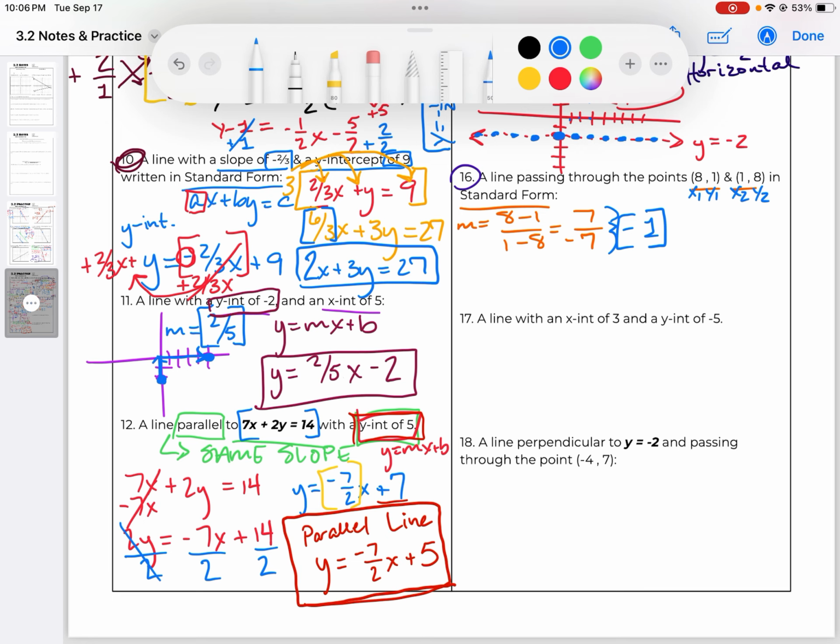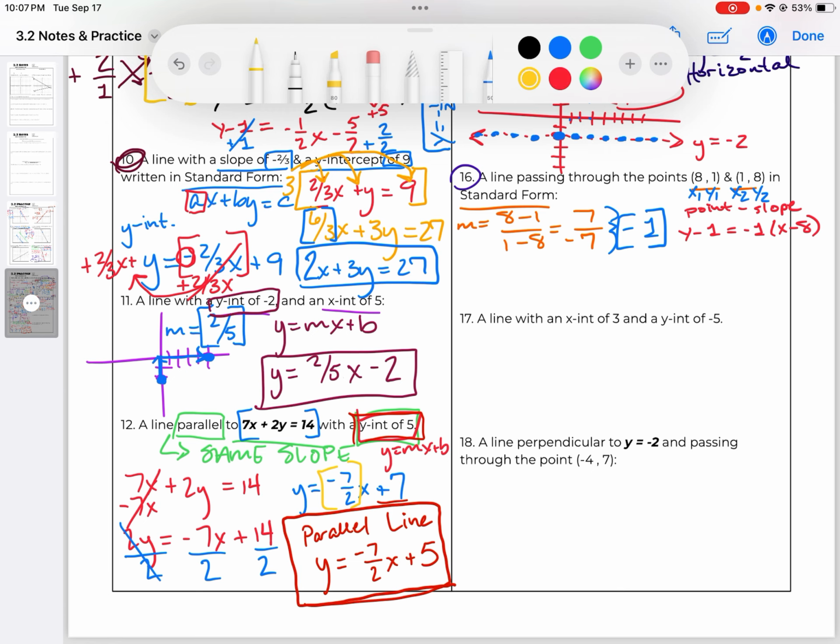So what I'm going to do next is use point-slope form. And I can use any one of these points. I'll go with this first one, x1, y1. And I have my slope. So I've got y minus y1, which is 1, equals my slope, -1, times x minus 8, because that's x1.